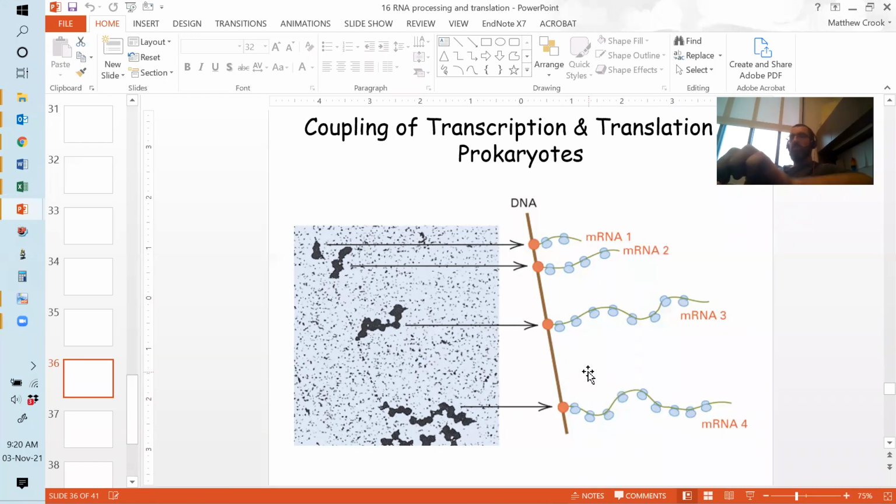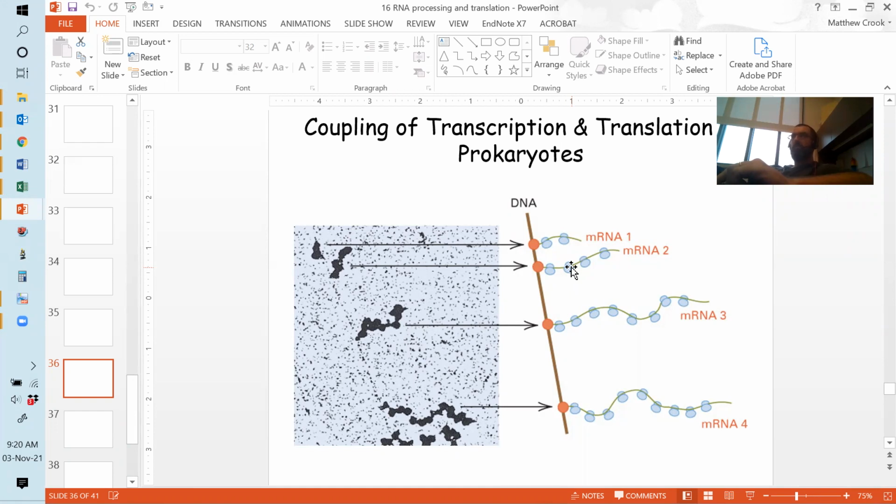And so you can see how this can lead to a very quick expansion of protein production, right? Because you don't have to wait for this mRNA to be finished to be translated. You can already be translating it before you even finish transcribing it, right?